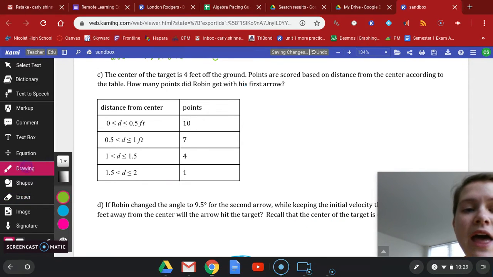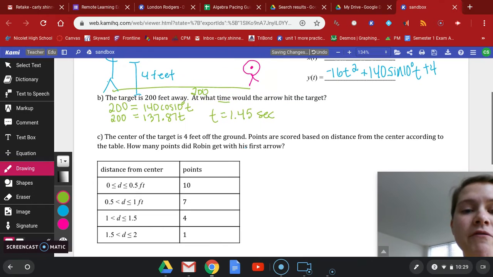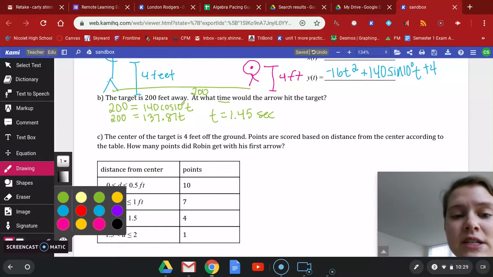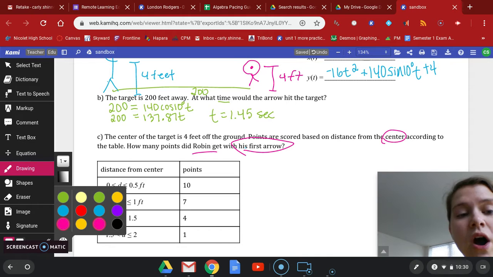Okay. The center of the target is 4 feet off the ground. So the bullseye is 4 feet off the ground. And points are scored based on the distance from the center according to the table. So how many points did Robin get with his first arrow? I need to figure out at 1.45 seconds, how high is the arrow?